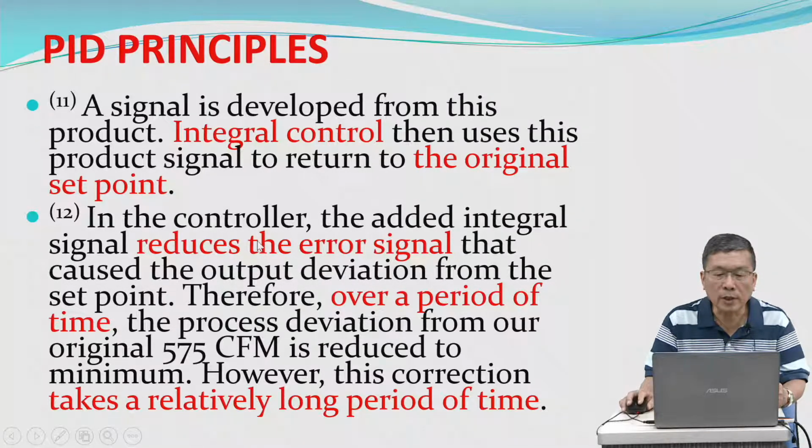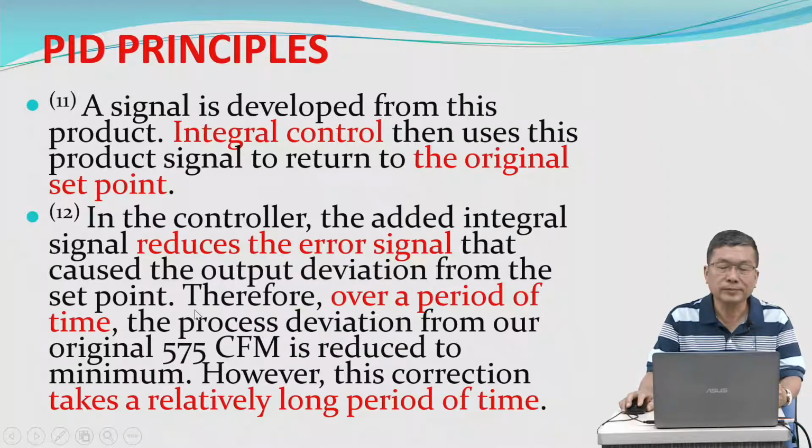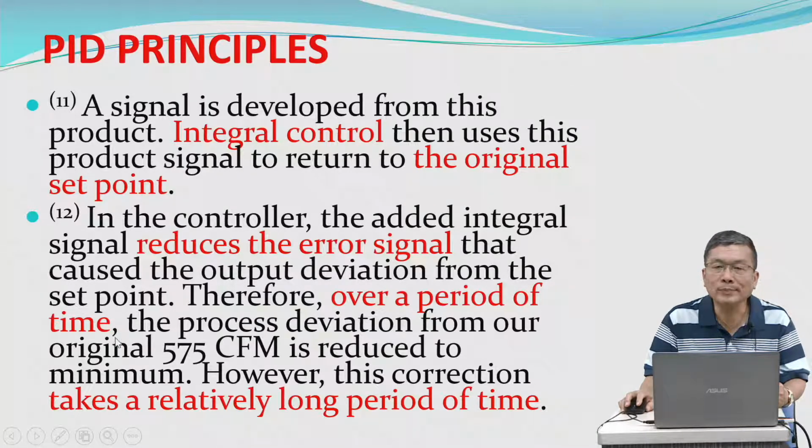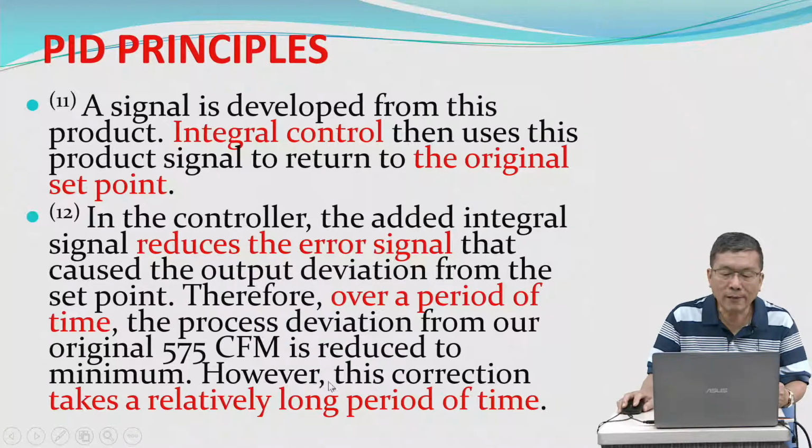In a controller, the added integral signal reduces the error signal that caused the output deviation from the set point. Therefore, over a period of time, the process deviation from our original 575 CFM is reduced to minimum. However, this correction takes a relatively long period of time.